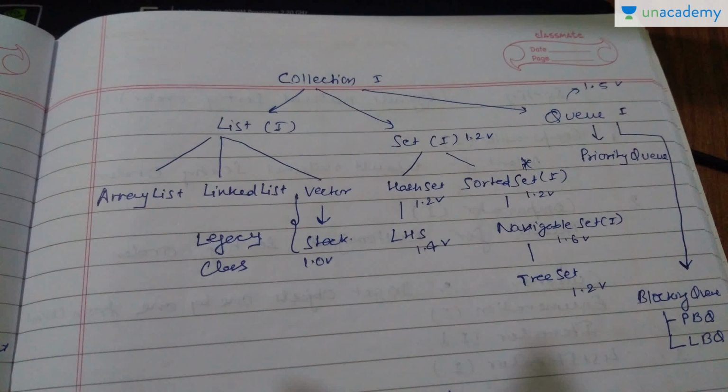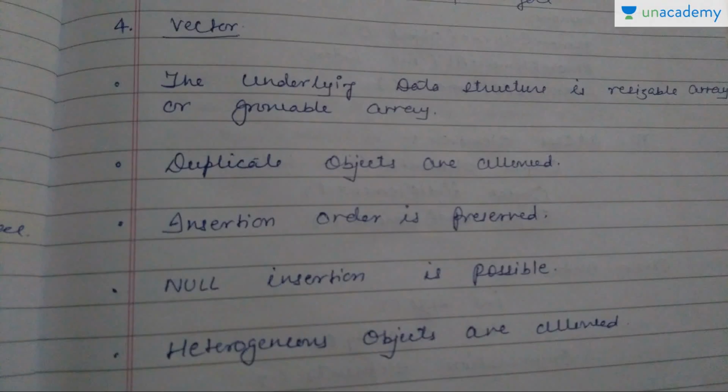Going forward, we'll see that the underlying data structure for Vector is a resizable array, or growable array. In Vector, duplicate objects are allowed, which means we can insert duplicate objects into a Vector.